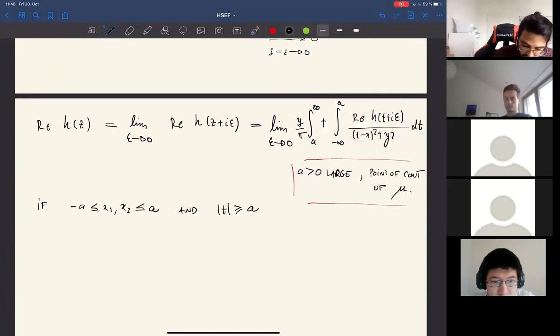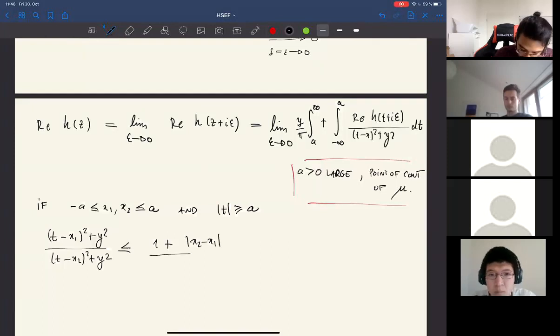Then we can do that, it's a simple inequality to prove. This is less or equal than 1 plus the modulus of x2 minus x1, divided by the minimum of A minus x2 and then A plus, let's say x2, and everything is squared.